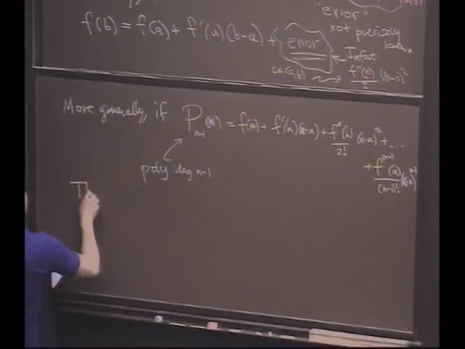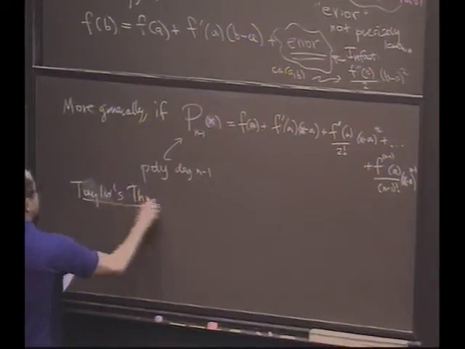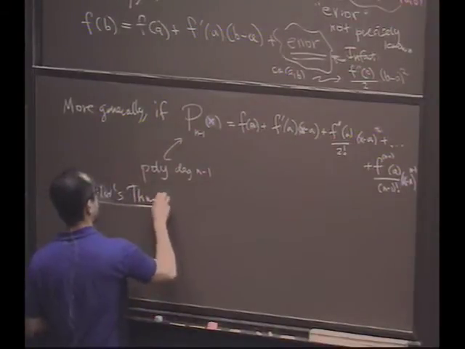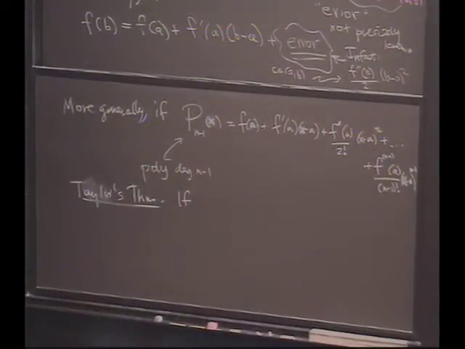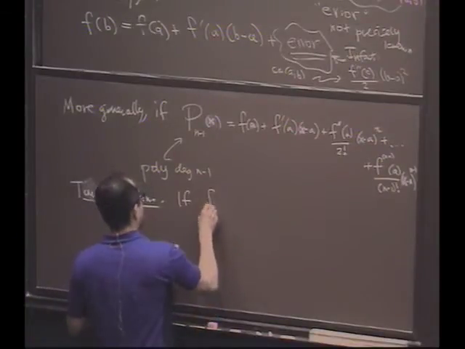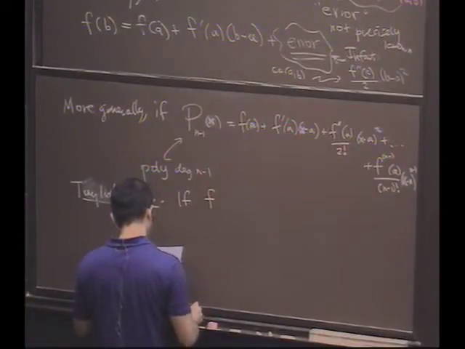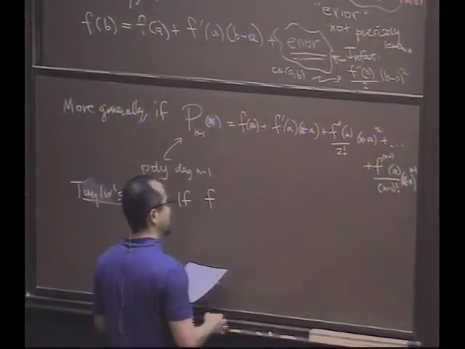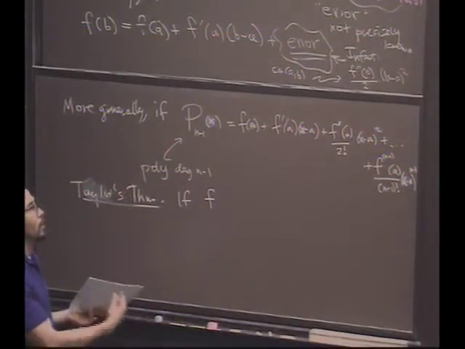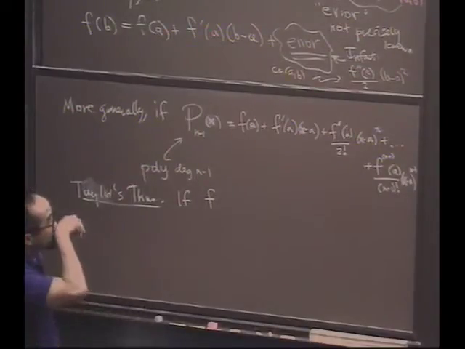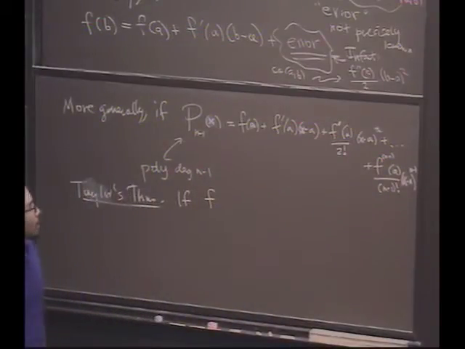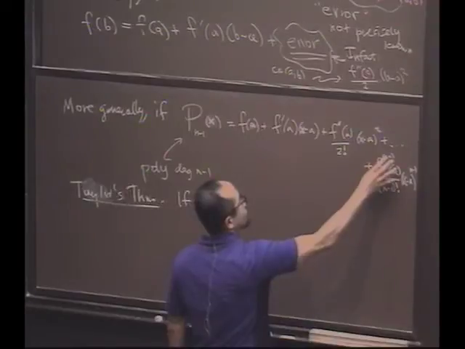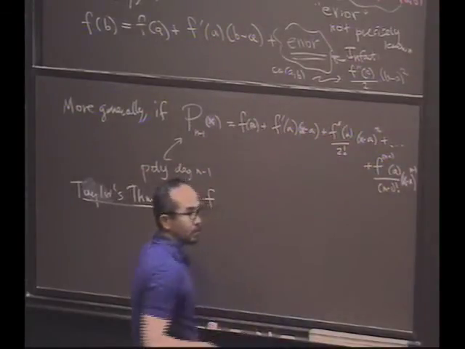Okay, so this is a polynomial, sometimes called the Taylor polynomial. Here's the content of Taylor's theorem. Taylor's theorem says, if you have a function, a real valued function, what do we need? Well, we want the function to be defined. We want its derivatives to be defined up through the n-1th derivative. Of course, if you have the n-1th derivative, you have the previous ones, so I don't need to say that.